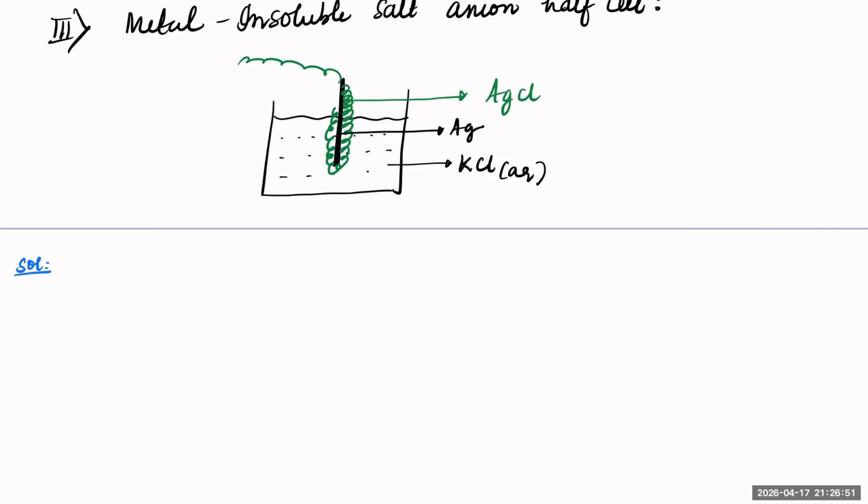Okay. So check this out. The first reaction must be AgCl solid in equilibrium with Ag+ aqueous ions plus Cl- aqueous ions. This is the first thing we'll expect.